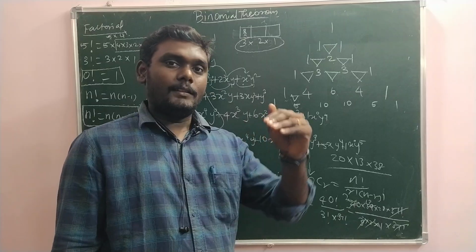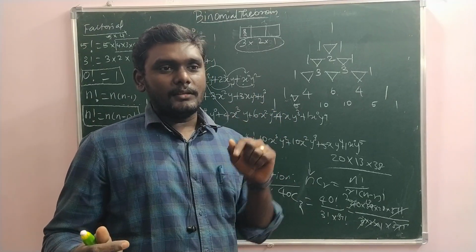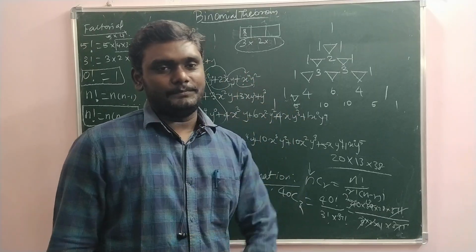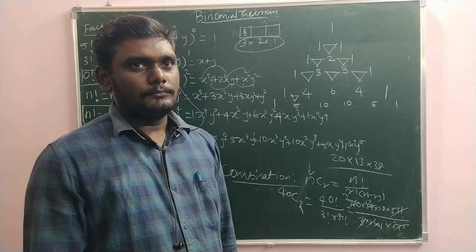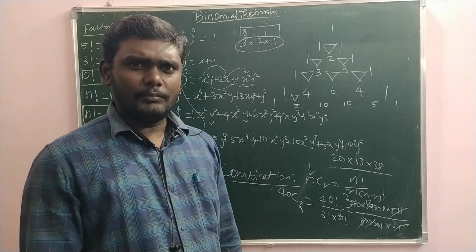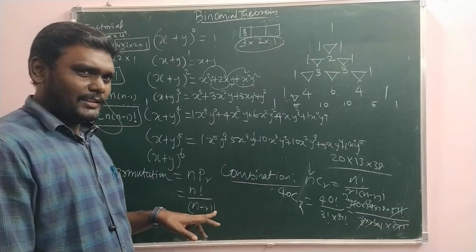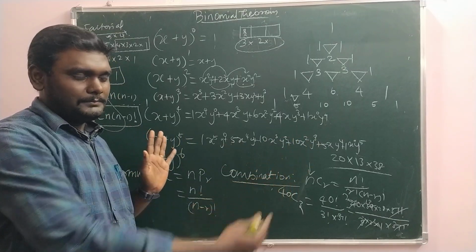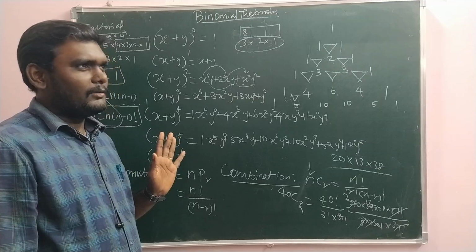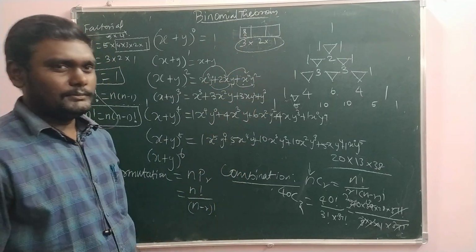Permutation is the number of arrangements. Combination is the number of selections. Permutation is also the same example. I called 3 students, right? The 3 students, I am going to make them stand in the assembly. Working it out now, like this, 3 into 2 into 1.